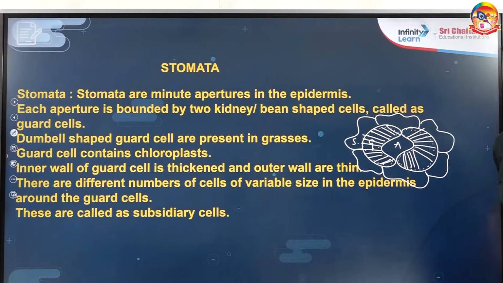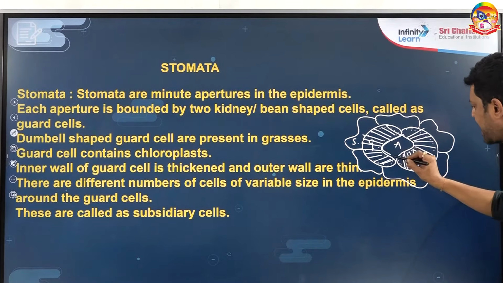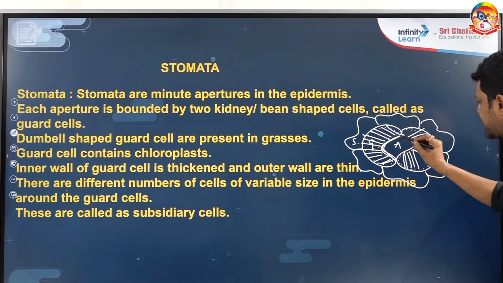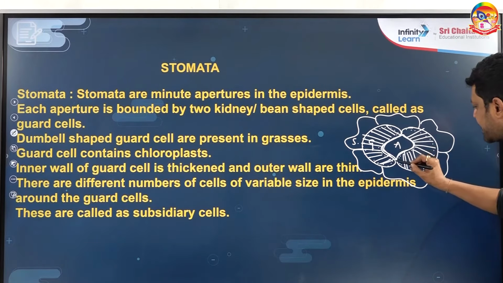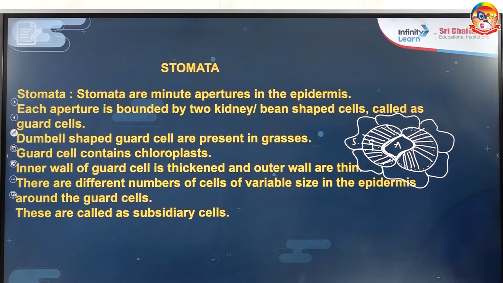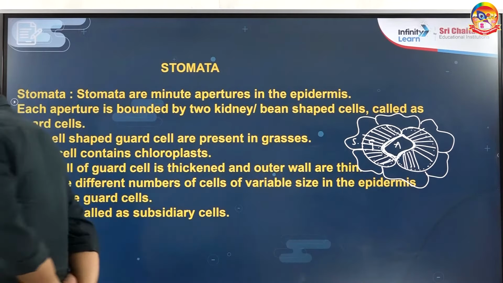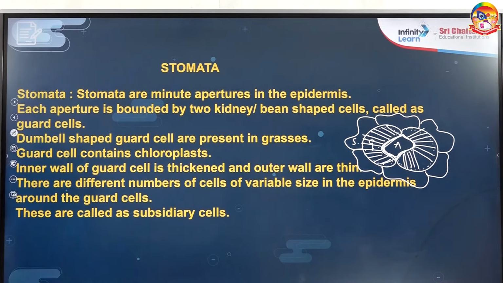And third question, the inner walls of the guard cells are thick and elastic. Outer wall is thin, but inner wall is thick and elastic. This is one question. Cellulosic microfibrils are arranged radially rather than longitudinally.